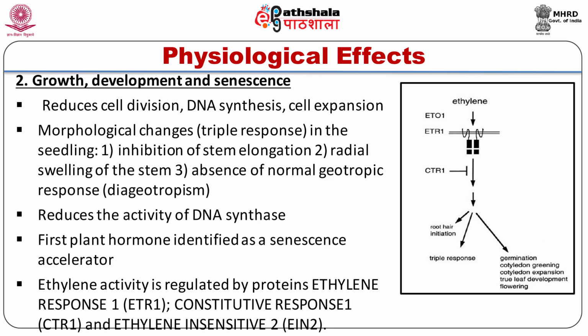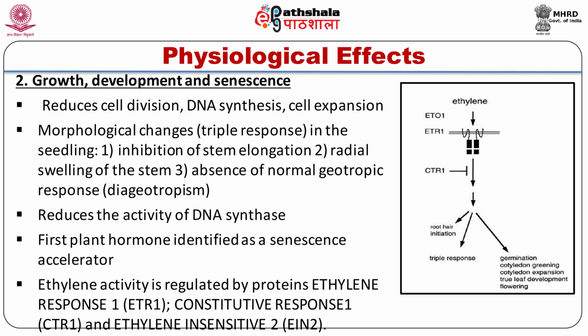Ethylene also influences plant growth. Ethylene inhibits growth by impairing cell division, DNA synthesis and cell expansion in the meristems of roots, shoots and axillary buds. Application of ethylene to etiolated seedlings causes three distinct morphological changes, which is called the triple response in the seedling.